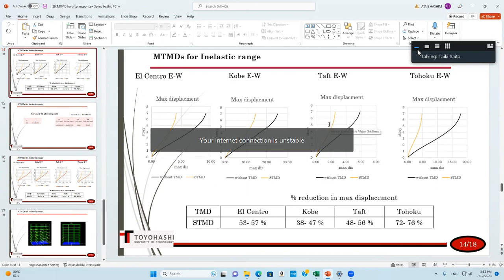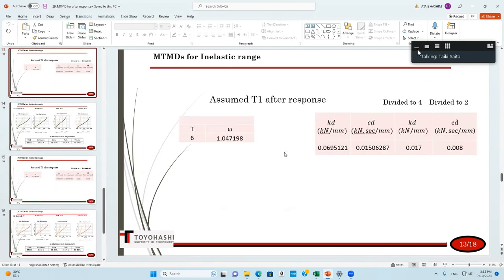For example, can I draw here? So for example, the main building, this is elastic. Natural period is how many seconds for elastic? 0.6. Yes. And then it's yielding, and after the earthquake, it is degrading in stiffness a little bit.